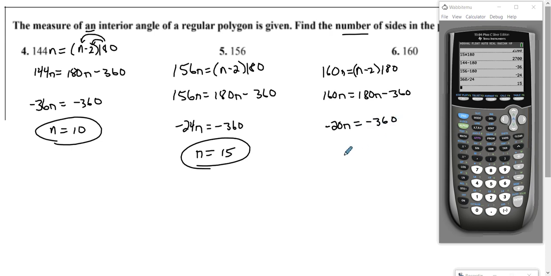Divide by negative 20, and we get n equals 18. Double check, 360 divided by 20, yeah, 18. All right, so there's the next 3 questions worked out. Hopefully you were following along and got those jotted down. I know you're probably telling the teacher right now, pause the video. It's in Google Classroom. You can pause it yourself.